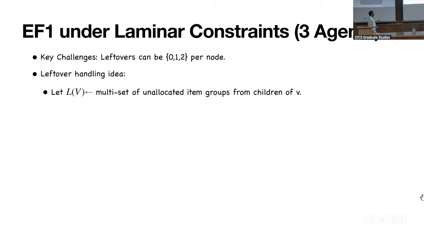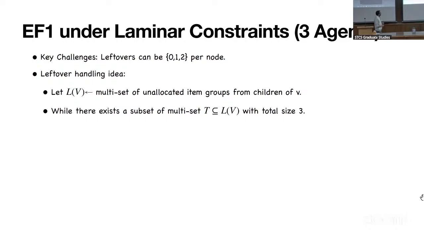In this case, we are not just passing the leftover as it is, but we are passing the leftover as a bundle of items. So if in a category 2 items are left, we pass them as a bundle of 2 items.